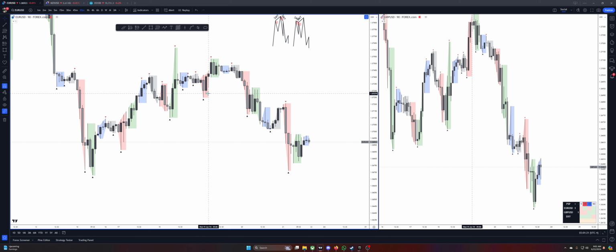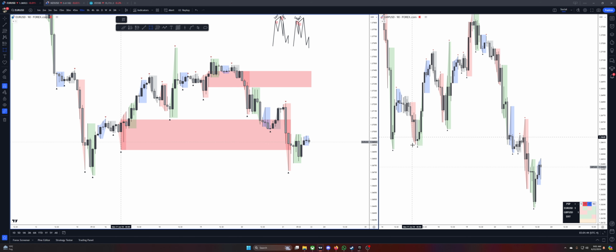Let's look for them. We can see we have a 90-minute right here. I'm just going to draw out what I see, and then we can play from that. Okay, we have a 90-minute right here on the one chart. And then we have a 90-minute right here as well.